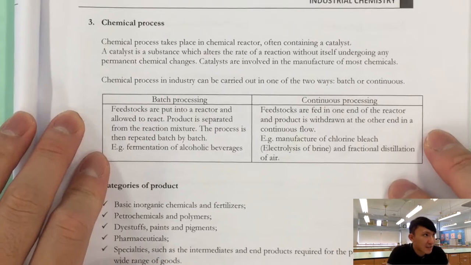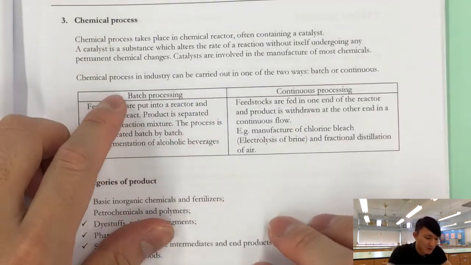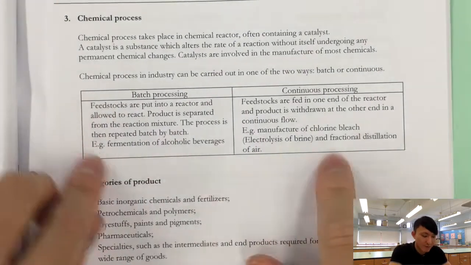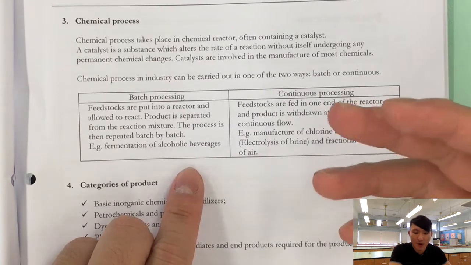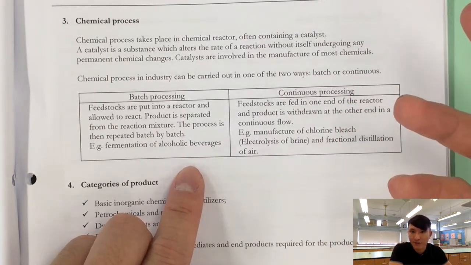Now for chemical processes, we have two modes of working. We can have batch processing, or we can have continuous processing. Just to give you two examples: if you talk about red wine, you know red wine is made from grapes, right?